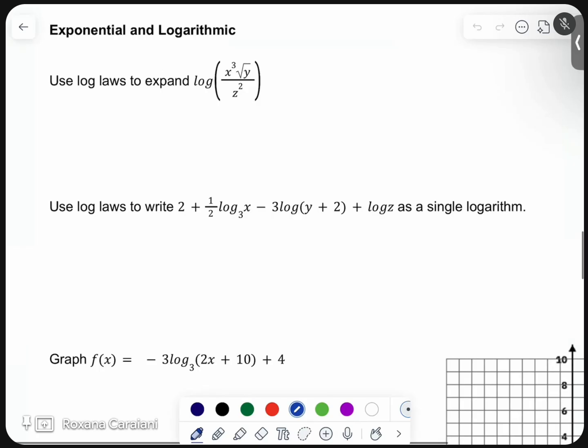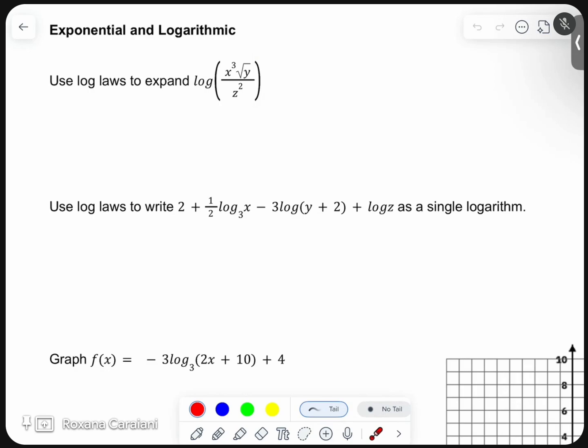As a reminder, when you have multiplication inside of your argument, so your argument being this portion right here in the brackets, we can expand that out into two logs with addition. And if we have division in the argument, that expands out to subtraction of two logs.